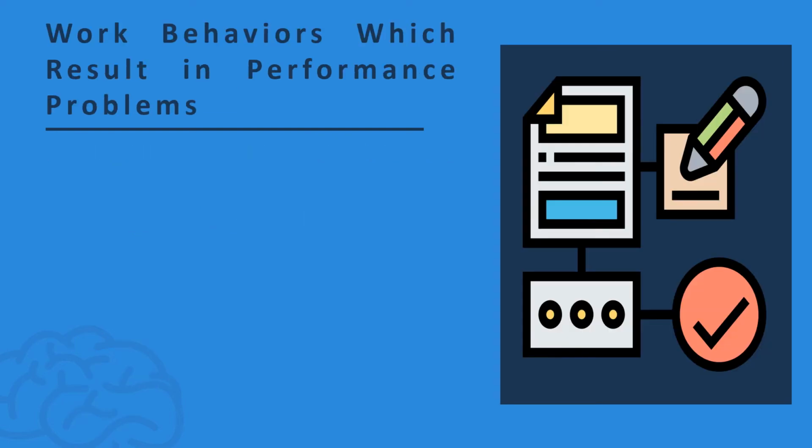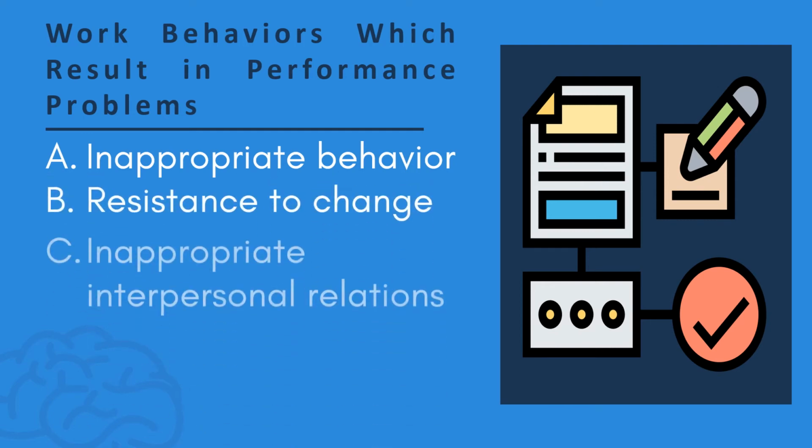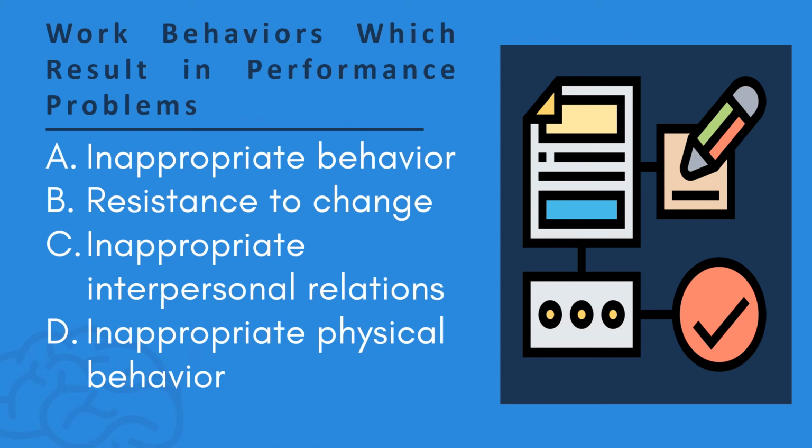There are work behaviors that may result in performance problems. These are A. Inappropriate behavior, B. Resistance to change, C. Inappropriate interpersonal relations, and lastly, inappropriate physical behavior.